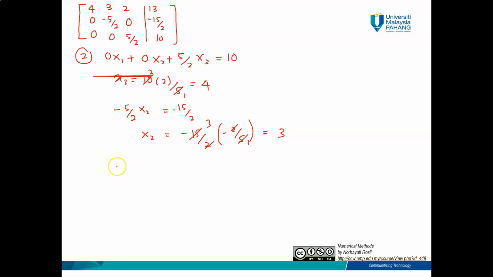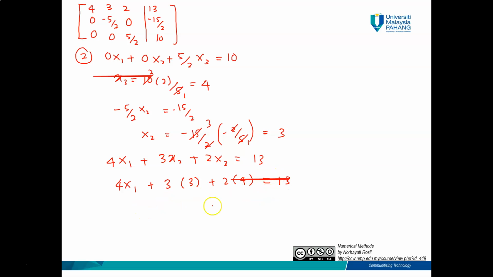And then we can solve for x1, which is for the first row: 4x1 plus 3x2 plus 2x3 equal to 13. In this case, our x2 and x3 we got from here. So we can substitute: 4x1 plus 3, since x2 is 3, plus 2, since x3 is 4, equal to 13.